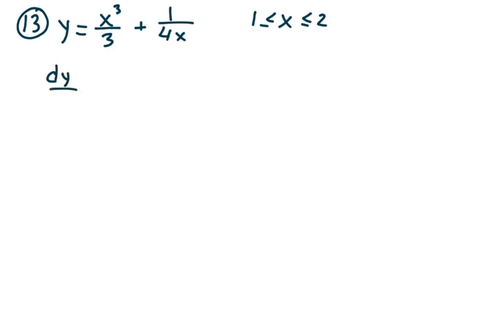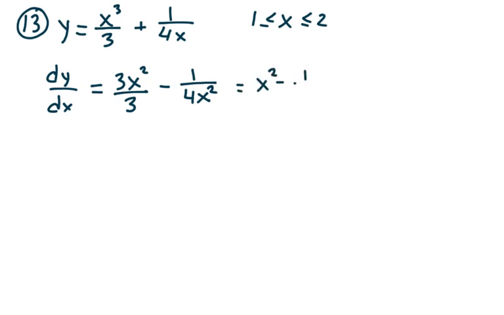Now, just like in the previous two problems, we need the derivative. The derivative here of y with respect to x is 3x squared over 3 minus 1 over 4x squared. Okay? And so this is x squared minus 1 over 4x squared.